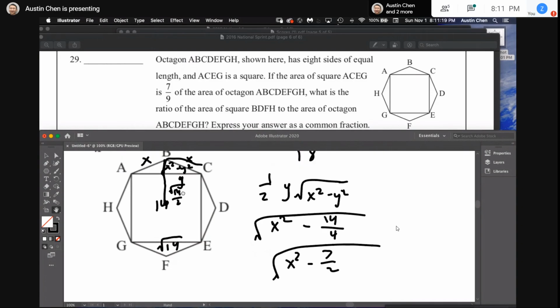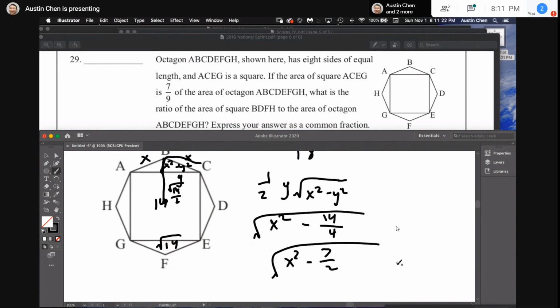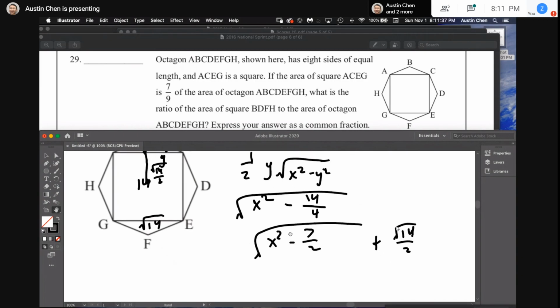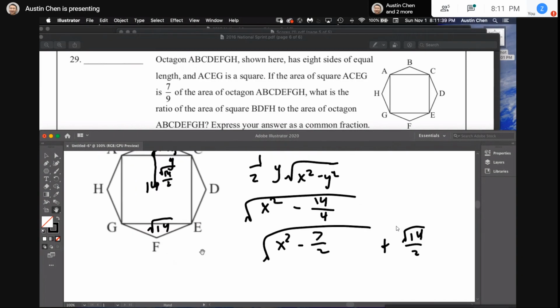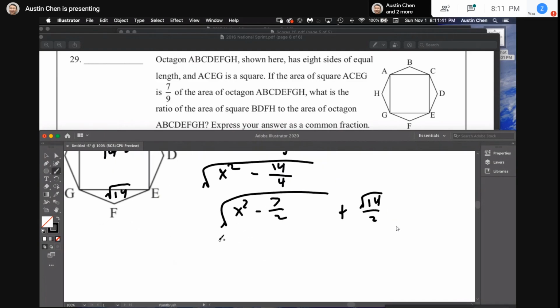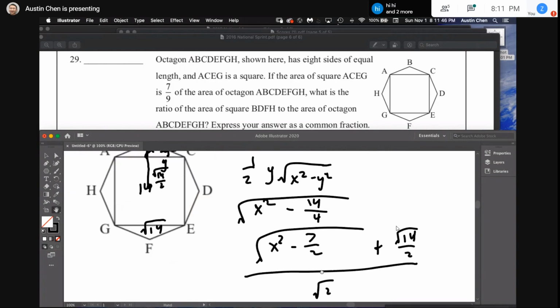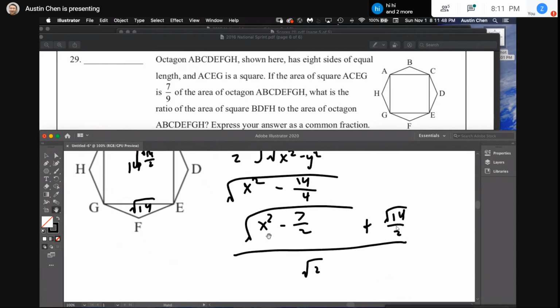So this whole length is that plus root 14 over 2, right? This is the diagonal of the square, so the area of the square will be this over root 2, squared.